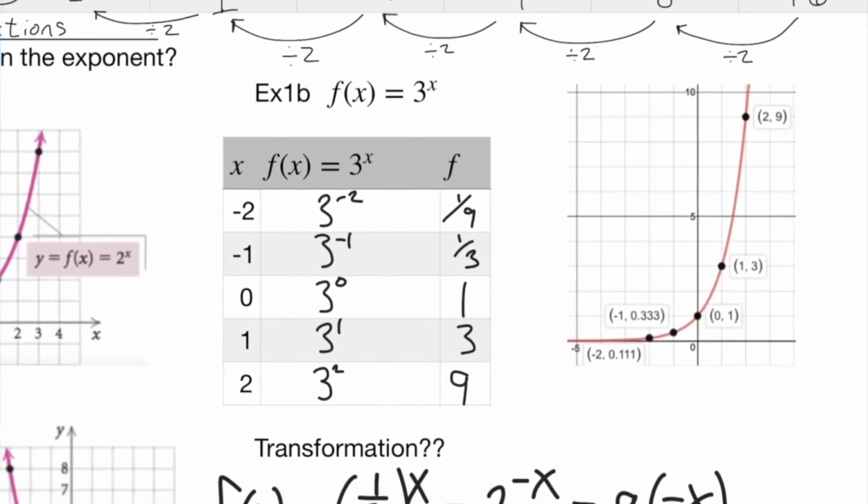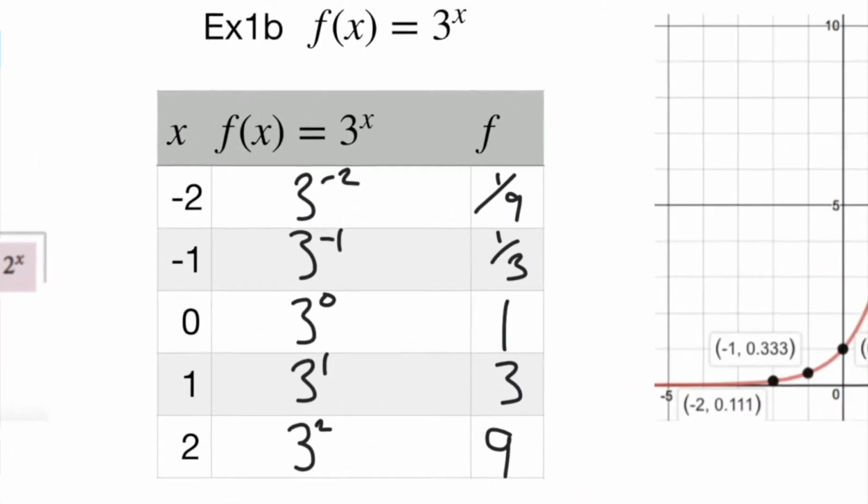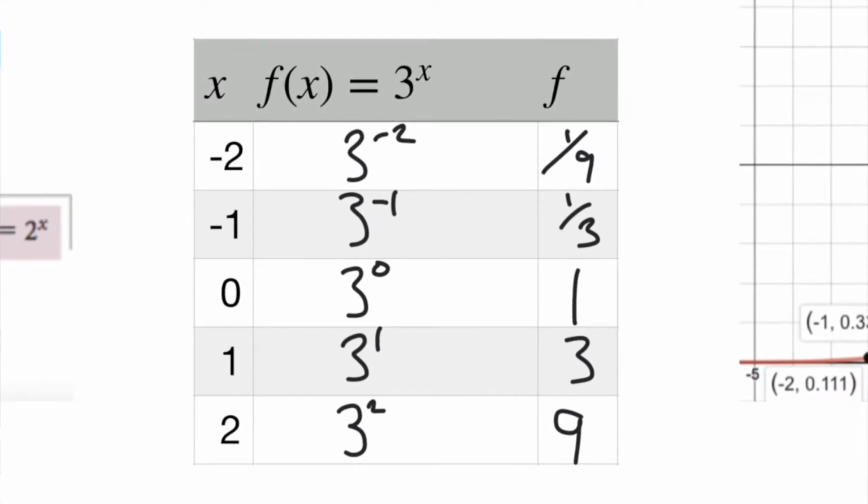Let's do the same thing. Instead of 2 to the x, let's do 3 to the x. So you remember that we've got 3 as a base and x as the exponent. So 3 times itself 2 times is 9. 3 times itself 1 time is 3. 3 times itself 0 times, that doesn't even make any sense as a sentence, but we can calculate that it's 1. 9 divided by 3, divided by 3, dividing by 3 each time.